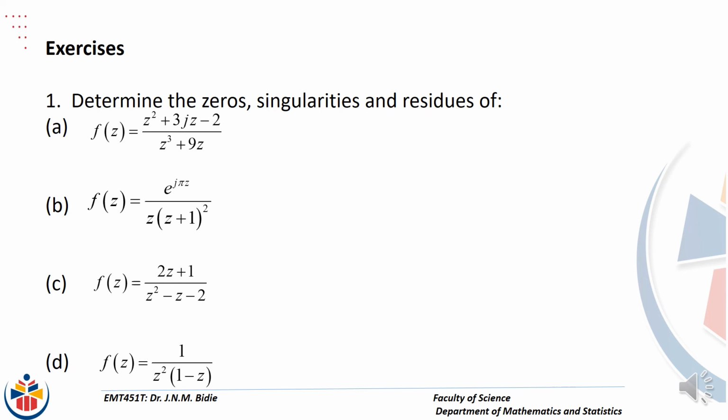For the zeros, the numerator is equated to 0 and solved. For singularities, the denominator is equated to 0 and solved. For residues, you take your poles, whether they are double poles, triple poles or simple poles, and you use the appropriate formula to get the residues. It will be very interesting to see what you get as the answer to that numerator.